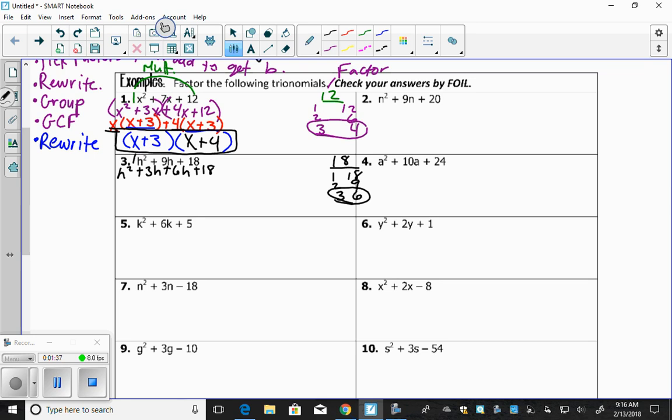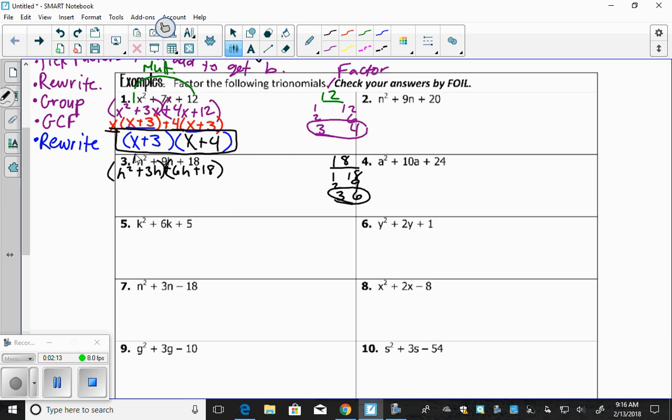Group. So I'm going to put parentheses around the first 2 terms and the second 2 terms. So I'm grouping. GCF, pull out the greatest common factor.